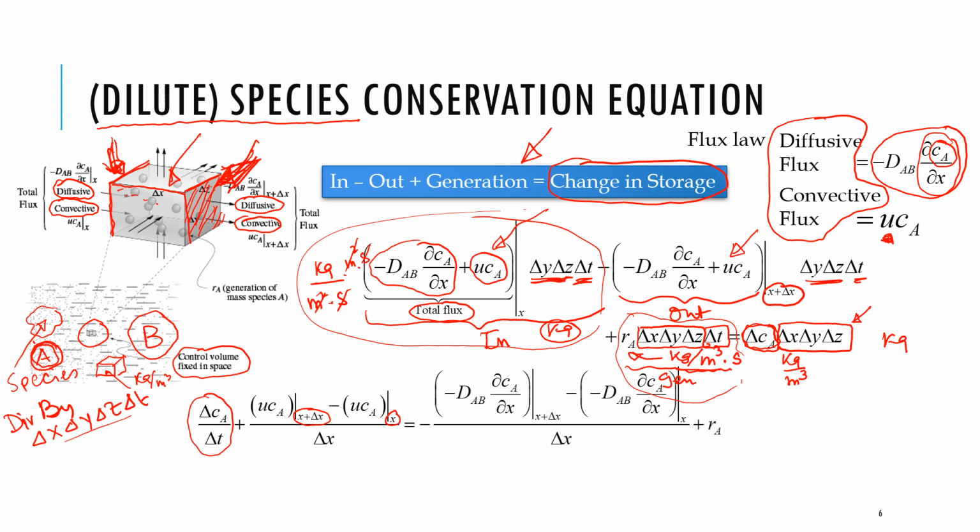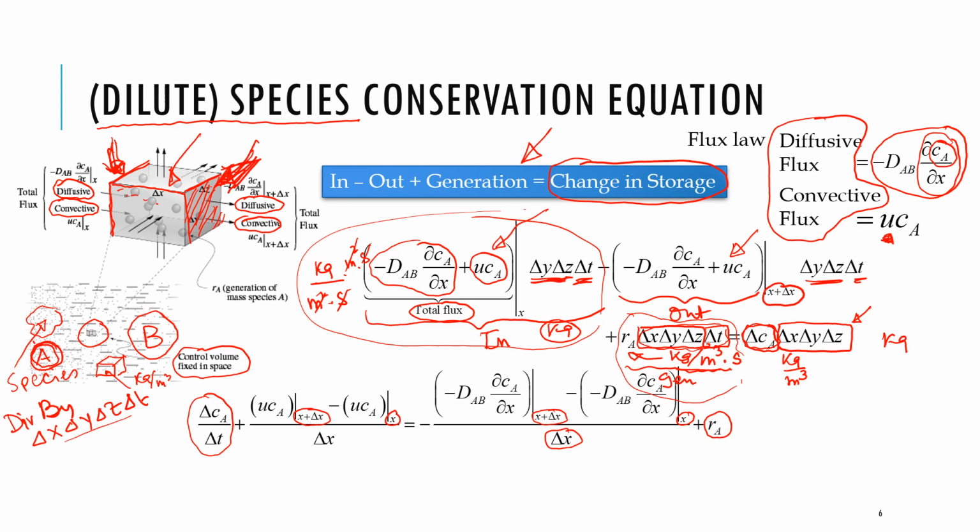The diffusion term, likewise, I can write in terms of x plus delta x minus the same quantity at x, and again I get a delta x at the bottom. And then RA is my generation term. Because we are dividing by delta x, delta y, delta z, delta t, all of these quantities will go.